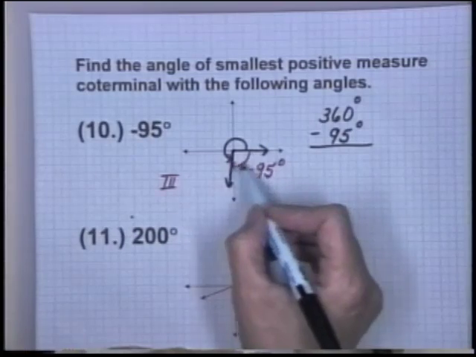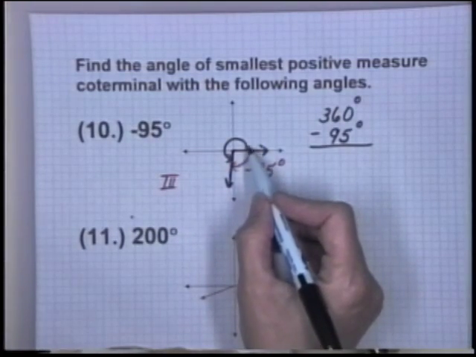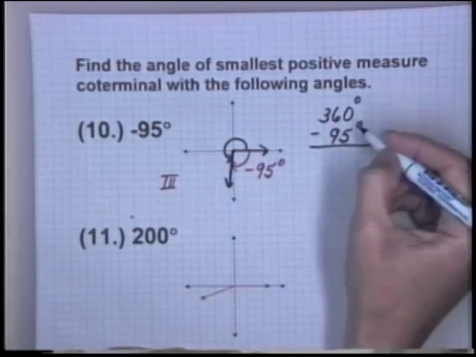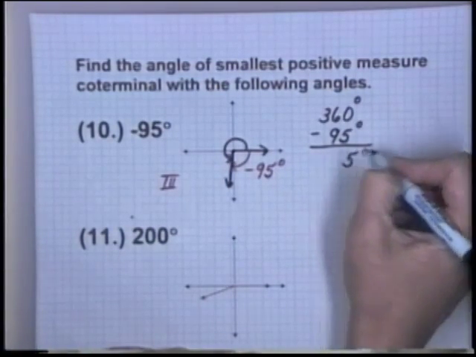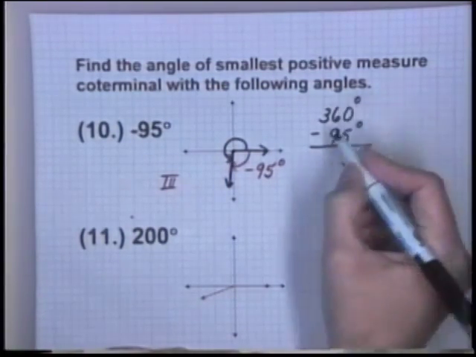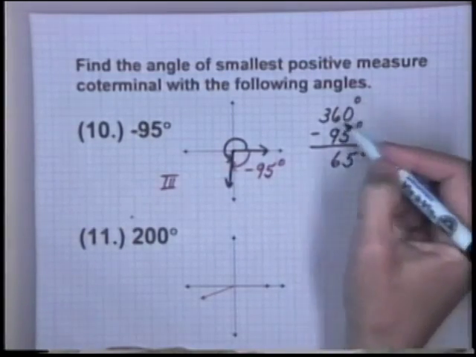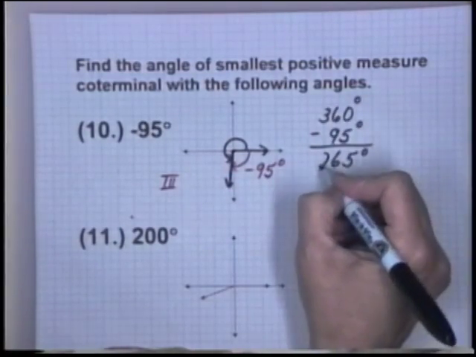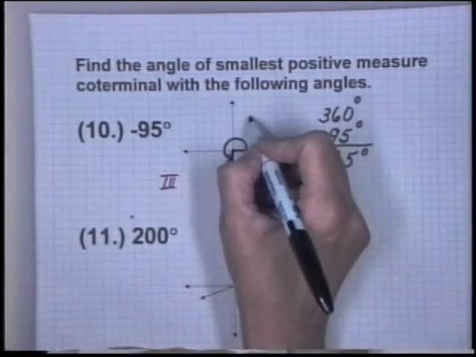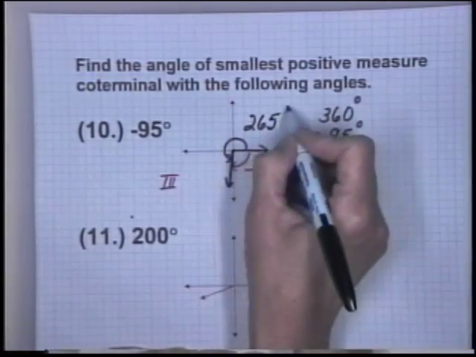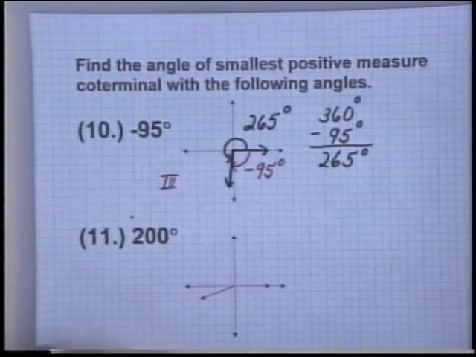We know that this rotation took up 95 degrees. We want to see how many degrees are left. When we take 5 from 10, we get 5. 9 from 15, we get 6. And 0 from 2 gives us 2. So the angle of smallest positive measure coterminal with negative 95 degrees is 265 degrees.